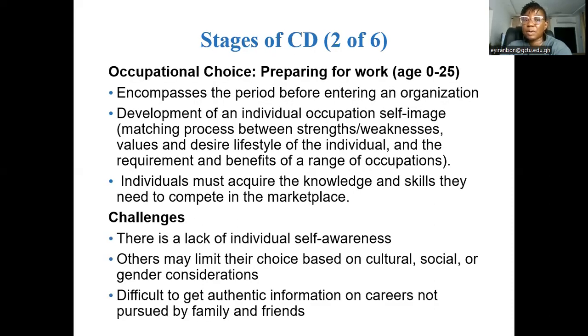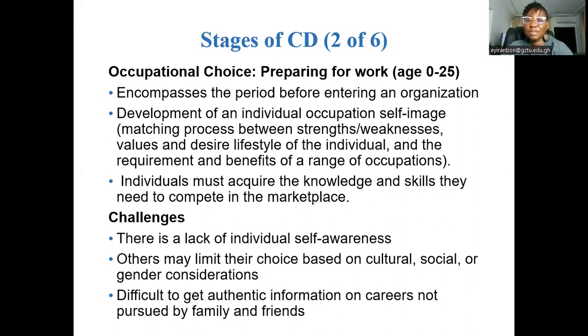Now, when we talk about the occupational choice stage, that is when you are preparing for work. This has to do with the period before you start a job in a particular career. And so the age range is from the moment you are born to somewhere around age 25, if you're lucky to have a job by age 25.